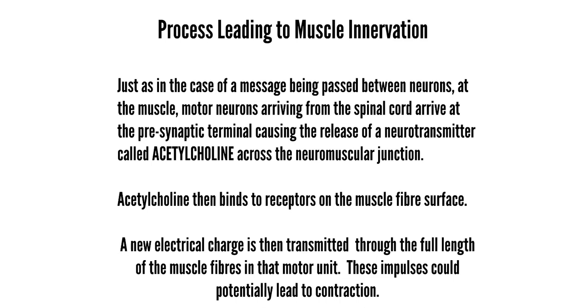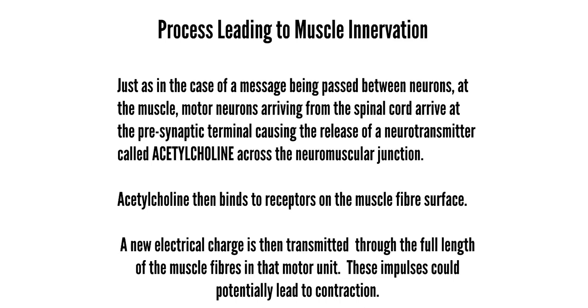That just happens to be the specific one involved in this nerve-to-muscle communication. The acetylcholine goes across the synaptic cleft, binds to receptors on the muscle fiber surface, opens up some channels, and a new charge is then transmitted through the muscle fiber, hopefully enough to cause it to contract. So just because electricity arrives at the muscle fiber doesn't mean it's definitely going to contract.